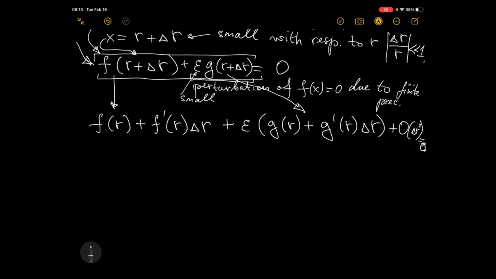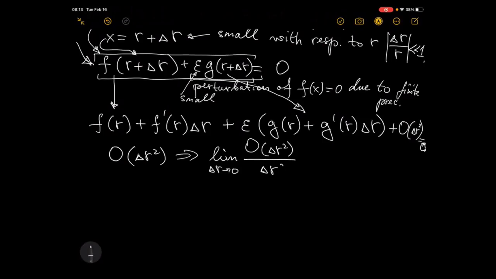So let me remind you what the O capital, or big O, notation is. Big O of delta R squared means that if I take the limit when delta R goes to 0, O of delta R squared divided by delta R squared will be some constant.